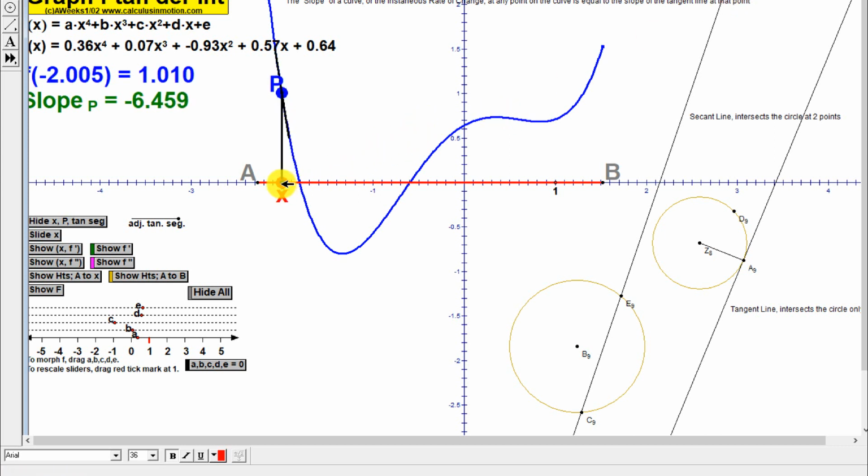And so what we're going to do here, I'm going to animate a point on the curve P. So look at P right here. And I'm going to slide X, so I'm going to go from left to right and show you how the slope of the curve, which is approximated by the tangent line, which is in black up here, changes as you move along the curve. So notice that, get your eyes on P now.